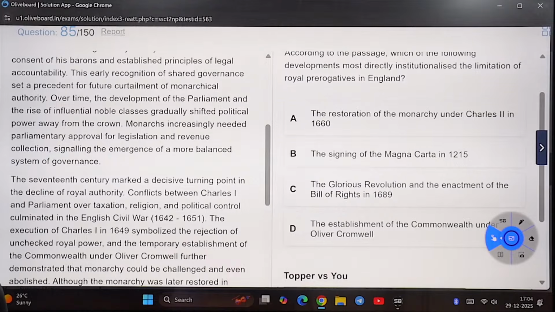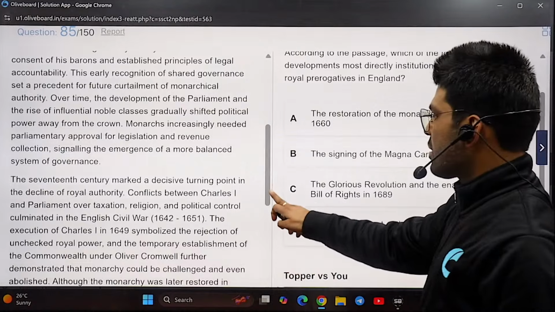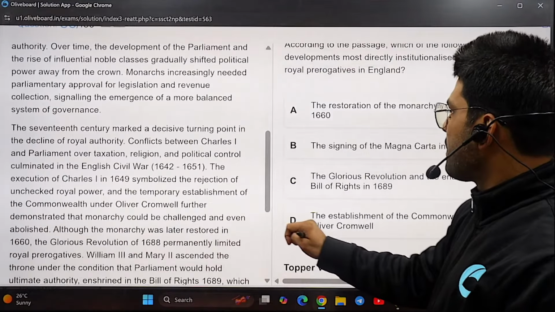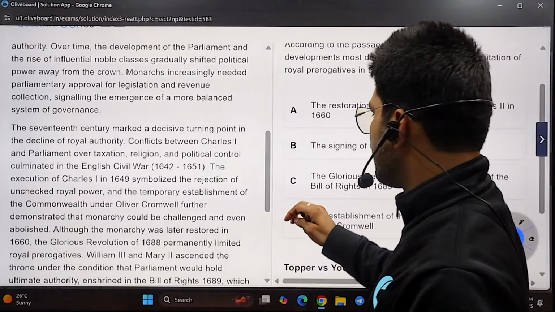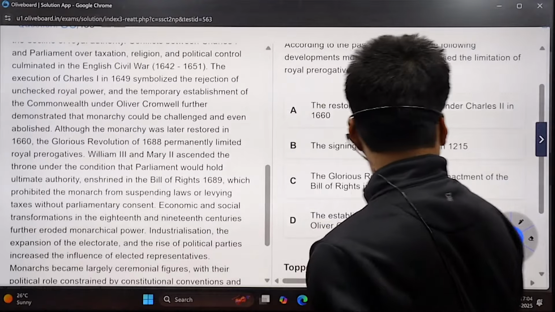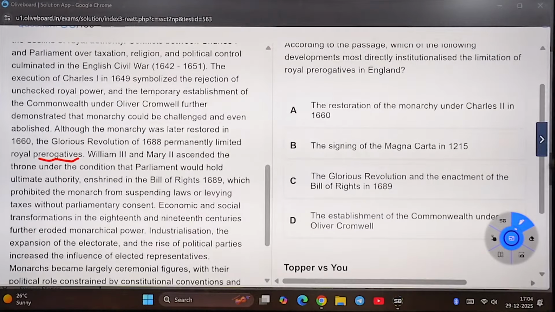We'll have to check this. Honestly, I don't remember. The word I remember, it was marked. Yes, it is here. Let's check this now.